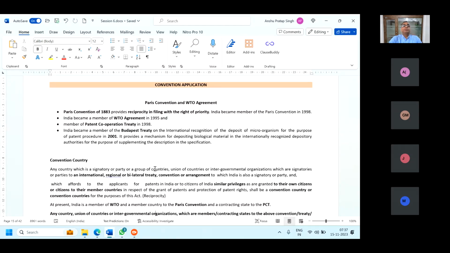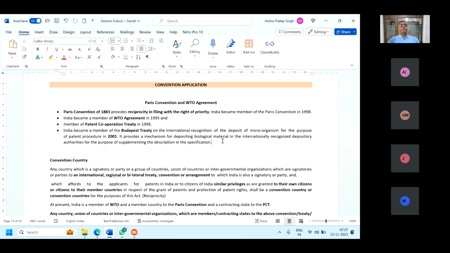So it provides a mechanism for depositing biological material in internationally recognized depository authorities for the purpose of supplementing the description of the specification. If there is a biological material, it might not be feasible to completely describe the entire biological material. So we deposit the biological material, and it becomes a full disclosure with respect to the specification which you are submitting. Okay, so India became a member of the Budapest Treaty in 2001.